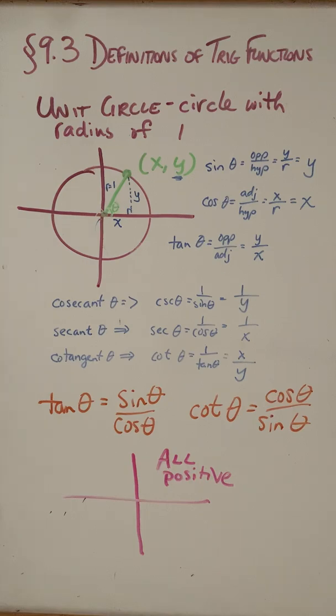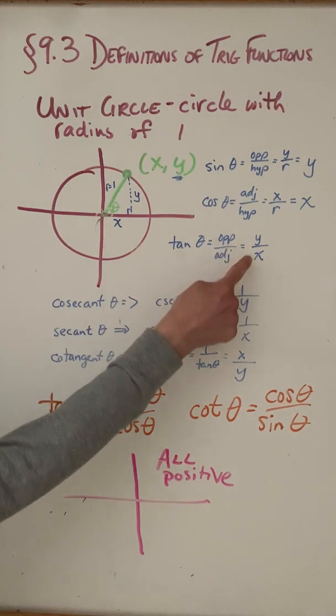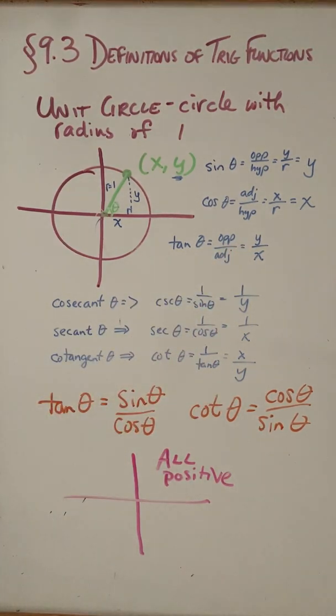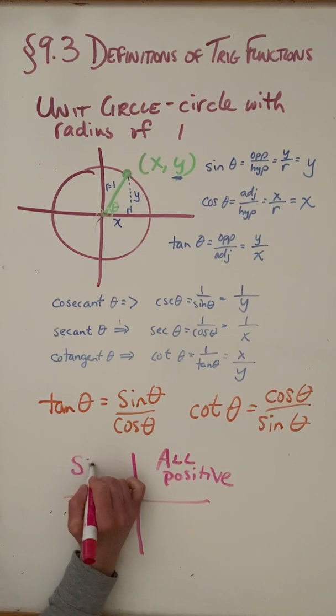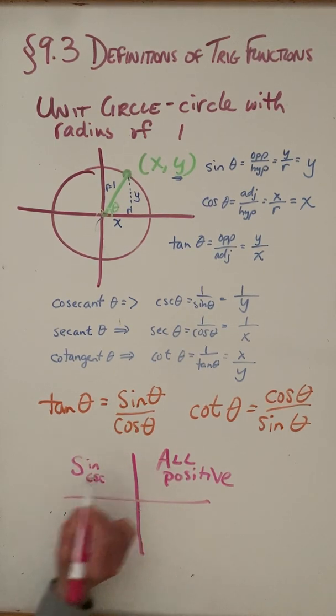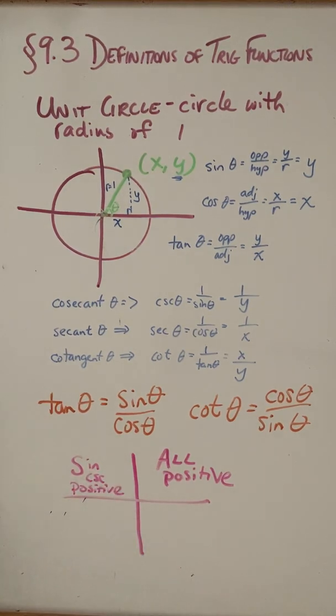Because if x is negative and y is positive, and we find tangent, a positive divided by a negative is going to be negative. So in the second quadrant, only those trig functions that involve only y are positive. That would be sine and its reciprocal, so sine and cosecant are positive.